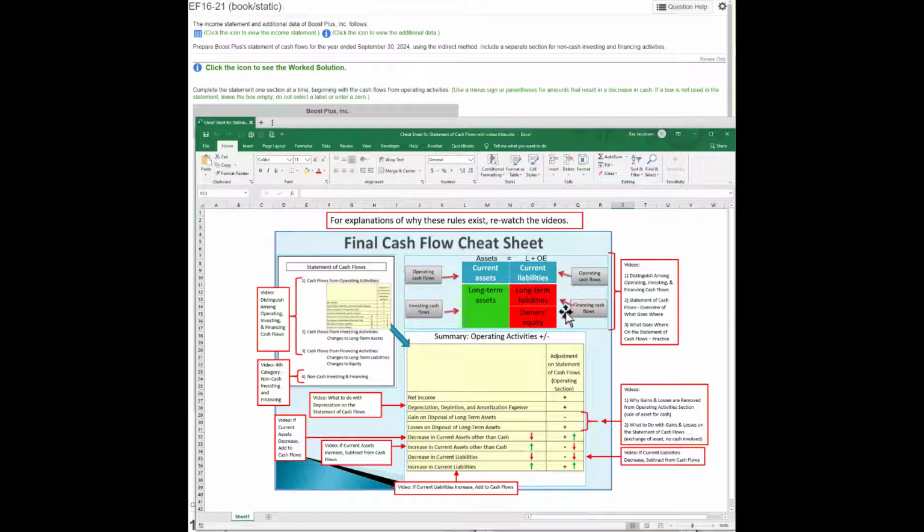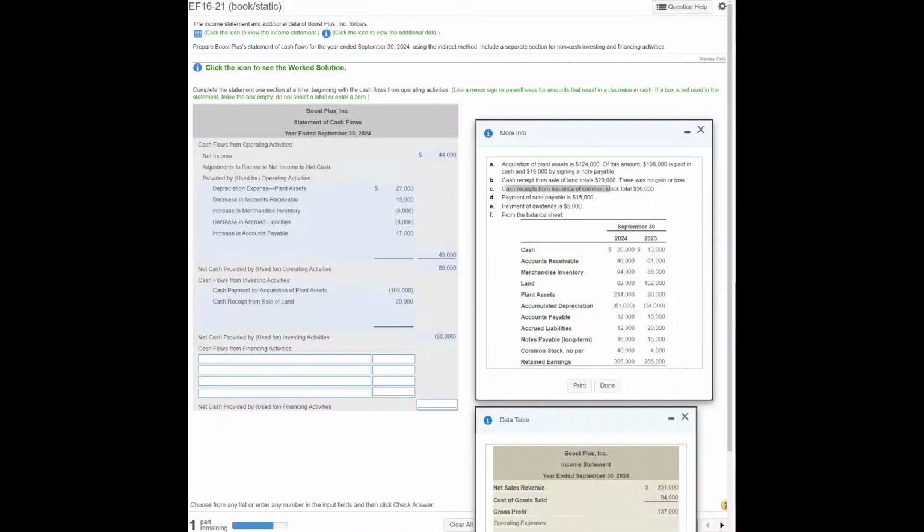And if you look at it over here, financing is long-term liabilities and equity. Depending on which way you like to look at it, I like this method because it's visual. So we're looking for anything to do with long-term liabilities and owner's equity. And this first one, cash receipt from issuing common stock. Common stock is equity. And we receive cash, so this is a positive.